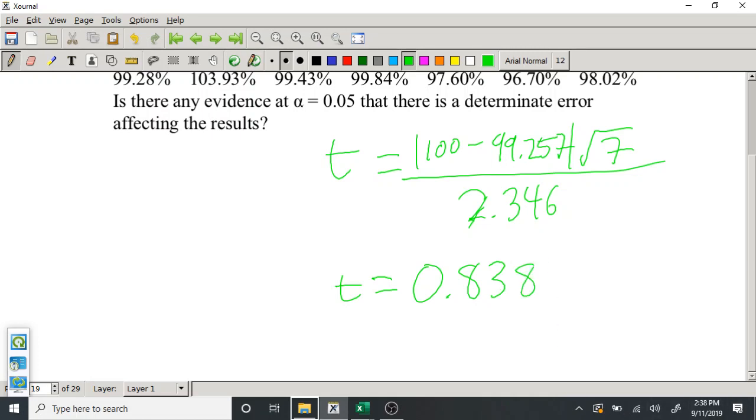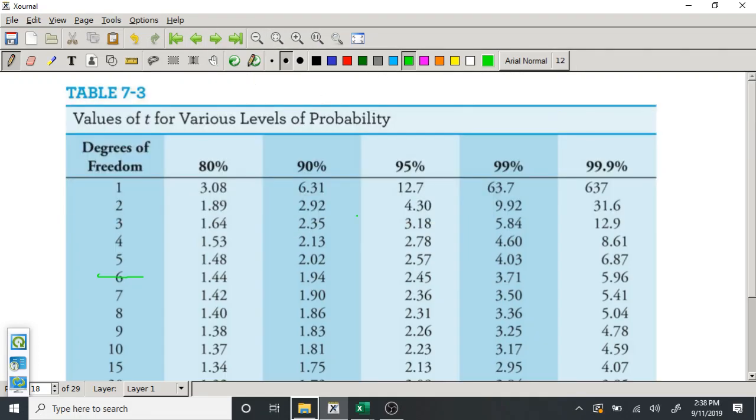All right. So, can we be confident that this data is similar to the accepted value? How are we going to tell? We're going to have to go back here and look at this table. If we have 7 data points, as we do, that means we're going to have 6 degrees of freedom. So we're going to look here.